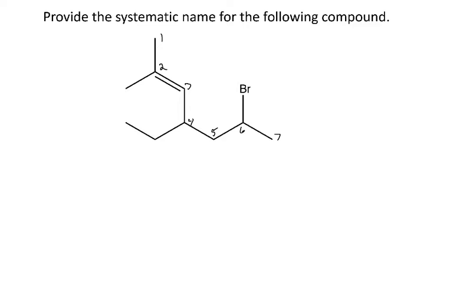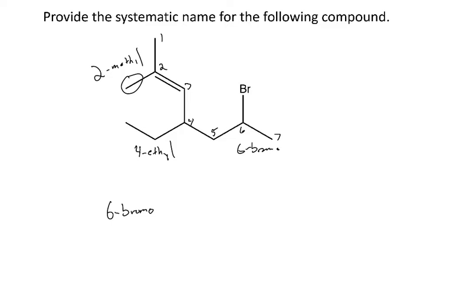And then I have, right, this is going to be 2-methyl. This is going to be 4-ethyl. And this is going to be 6-bromo. And so the bromo comes first. So we have 6-bromo.